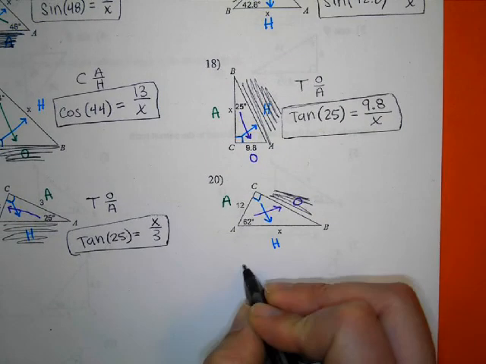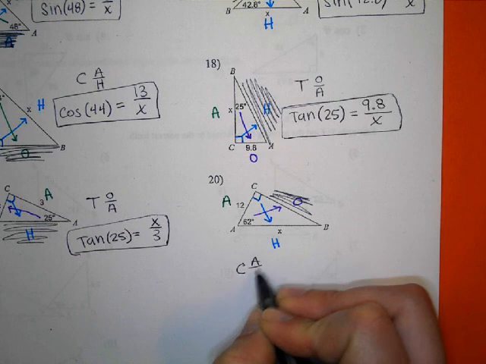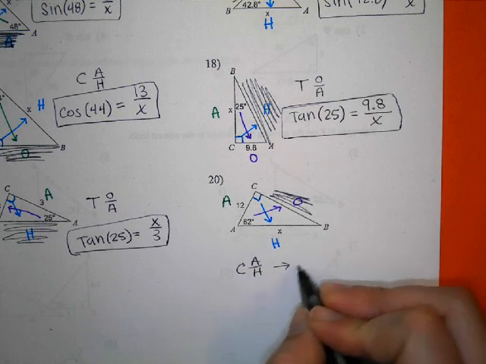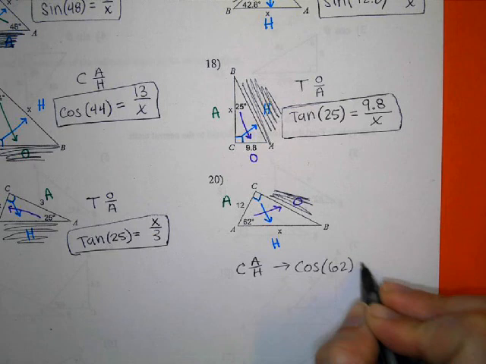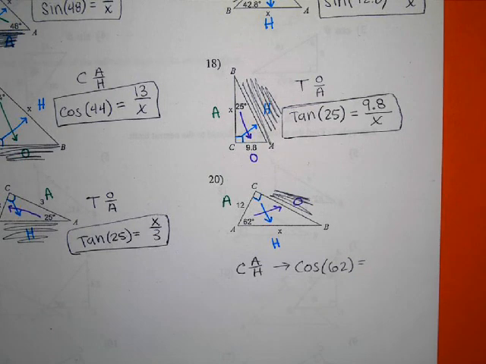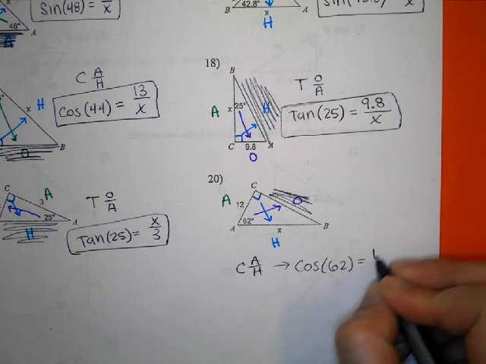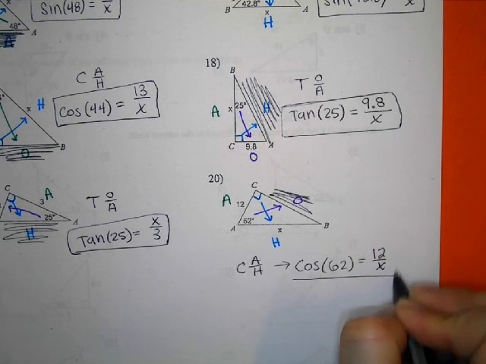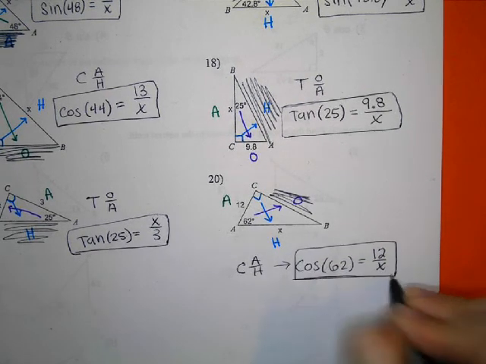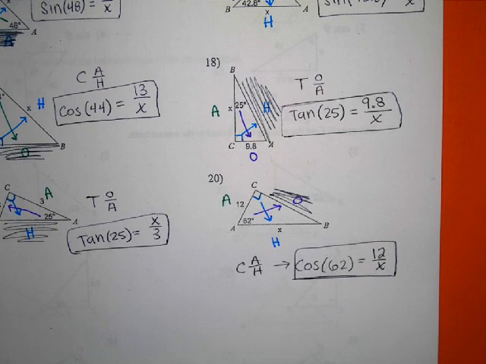X and H pair up. Does O have a pair? No pair on the O. O goes away. That's cosine of my angle equals what fraction? 12 over X. That's right.